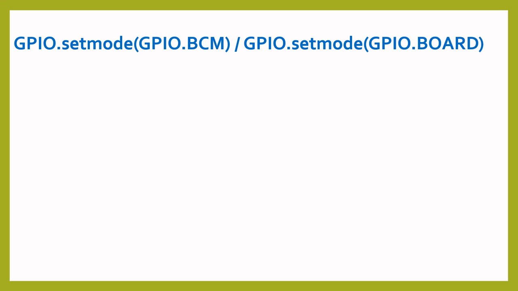Now I will talk about the function GPIO.setMode, GPIO.BCM or GPIO.setMode, GPIO.BOARD. This is the function which is used to define the pin numbering system of Raspberry Pi. So it will be either GPIO numbering system or physical pin numbering system. Let's start with the explanation of this function.